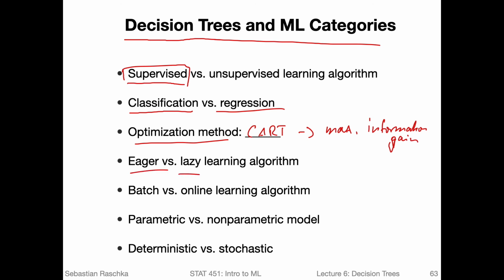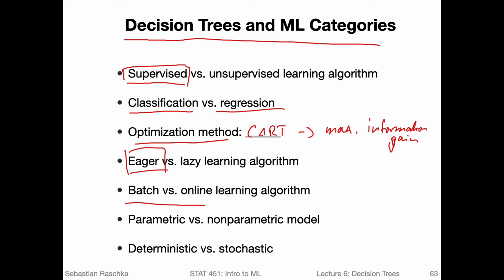Is it an eager or a lazy learning algorithm? KNN was a lazy algorithm. A decision tree is an eager learner. It does the learning during training. It doesn't wait until prediction to do all the work. Whereas KNN is a lazy algorithm, which doesn't do any training really.